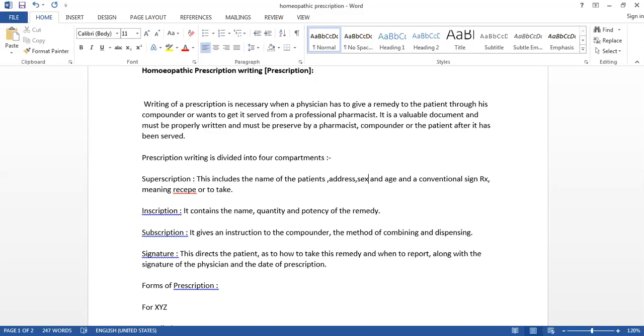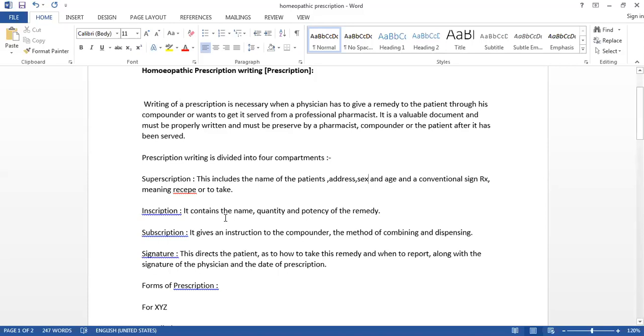So we have to mention all these things in the superscription. So name, age, address, gender, and the RX, all these should be there in the superscription. Second one is the inscription.